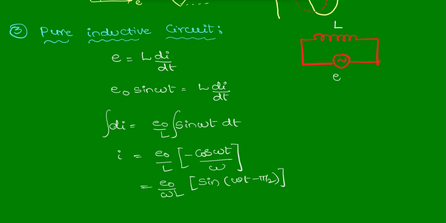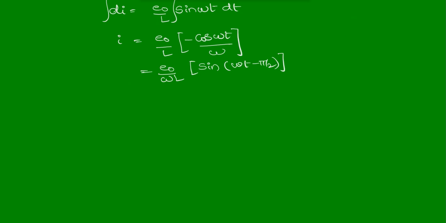So minus sin 90 minus theta will be cos theta. So we'll get minus cos omega t. So I can write cos omega t like this.